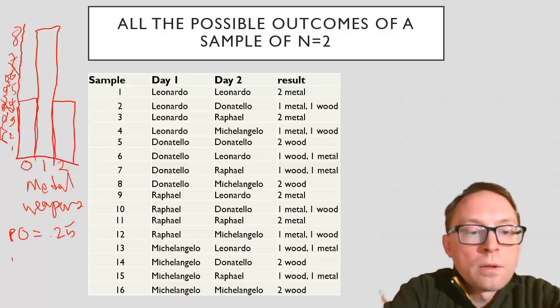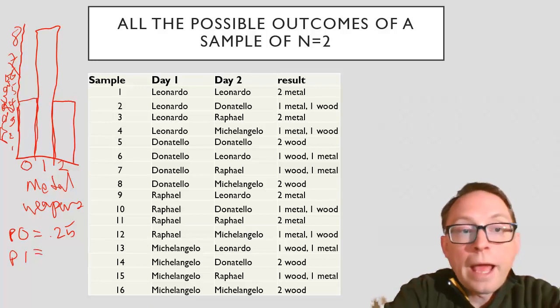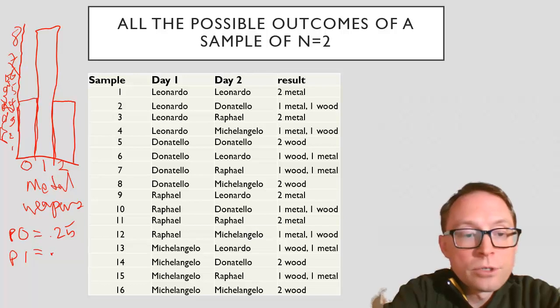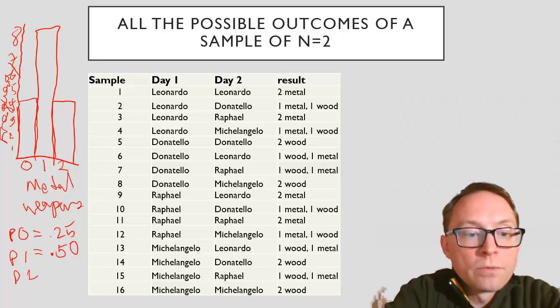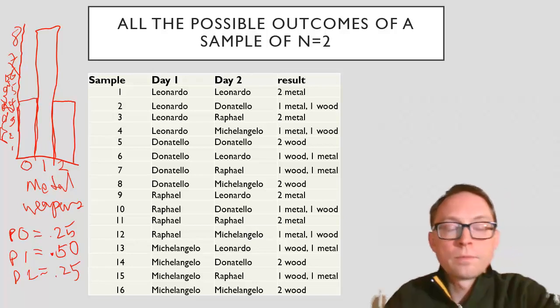The probability of 1 is 8 out of 16, which is half, 0.50. And the probability of 2 is 0.25, 4 divided by 16, right?